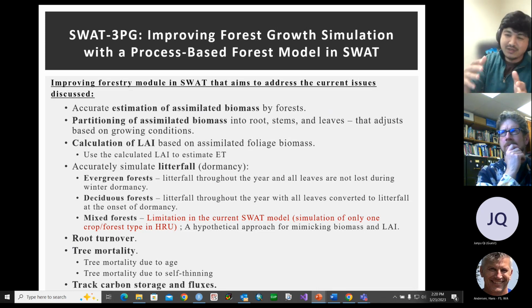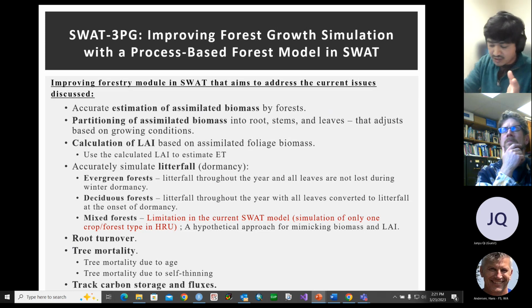Because we cannot do that, we used a hypothetical approach to mimic a mixed forest system where we could spatially match the biomass as well as the foliage losses, the tree losses, and the LAI, but it is not simulating a tree by tree stand, right? So it's spatially representing a mixed forest system.